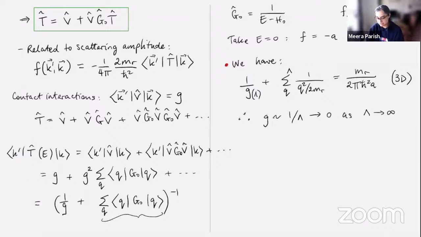You can think of it as a modified delta function. It's like the limiting case of, say, a square well potential where you take the width to 0 and the depth to infinity.